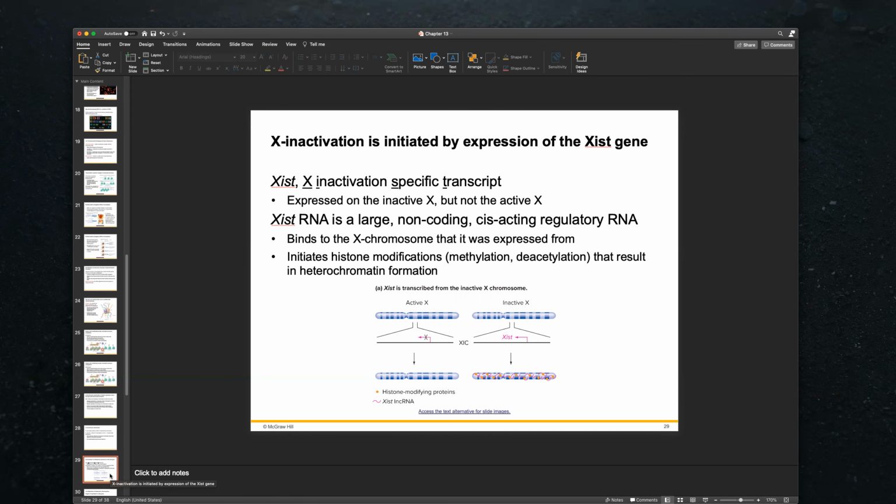So it's a type of non-coding RNA that binds to the X chromosome that it was expressed from, and it causes histone modifications like methylation and deacetylation that cause it to condense. And if it condenses, it means that it doesn't get expressed.